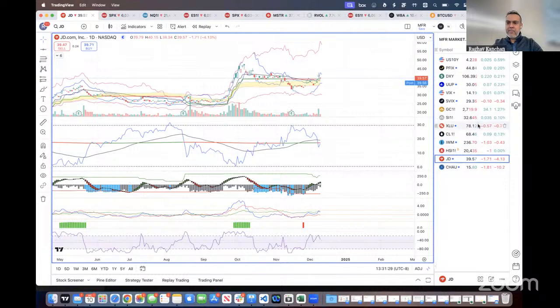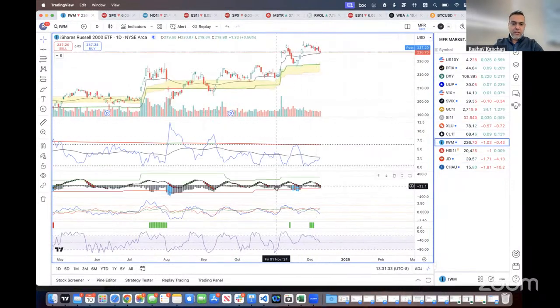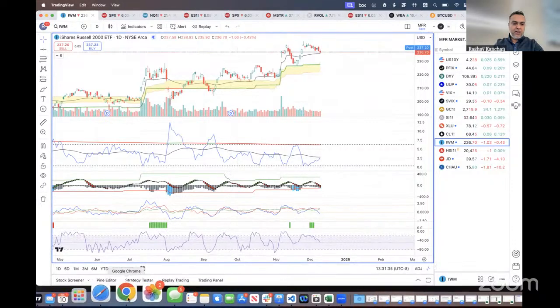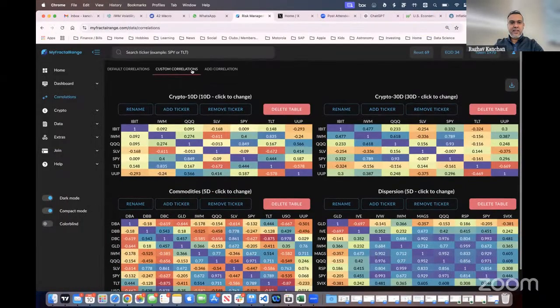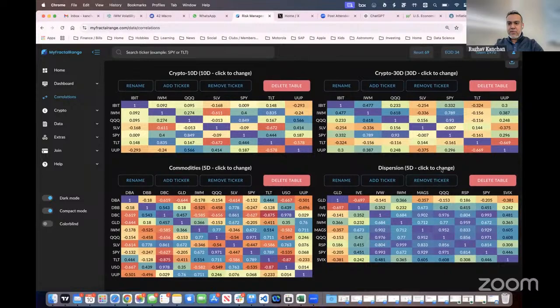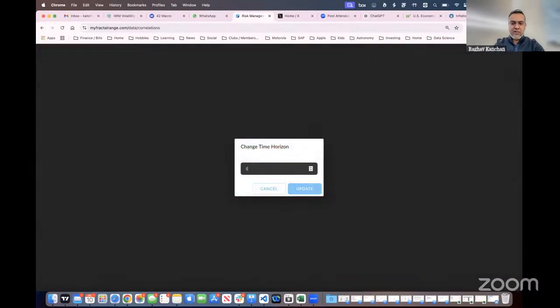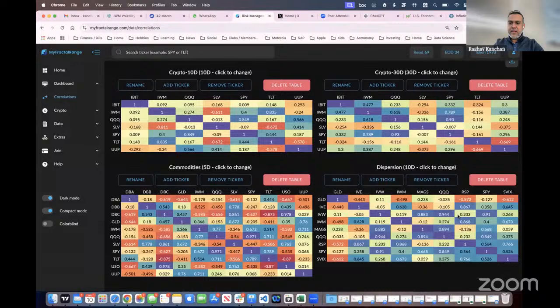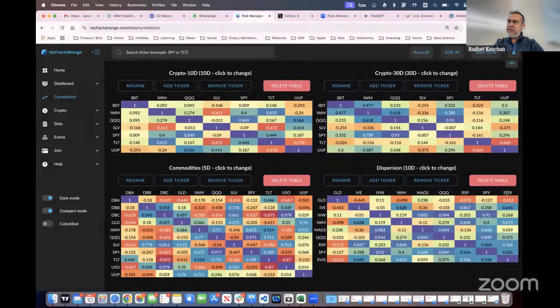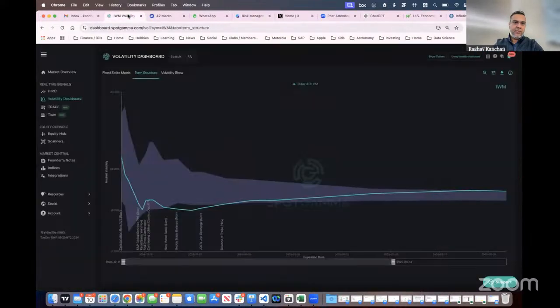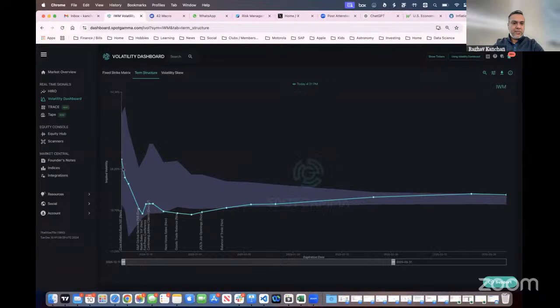I am more bullish on IWM right now compared to QQQ, mainly because of the signal that I'm seeing again on the dispersion side. If we look at the reflation trade, the 10 days, if the CPI comes in as expected, and if you look at the term structure of the SPX, it is very high.